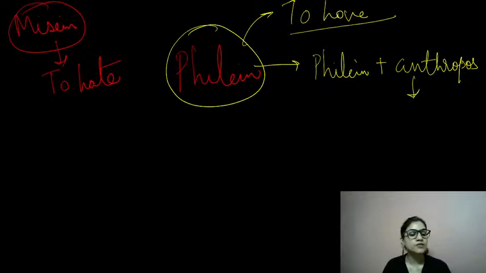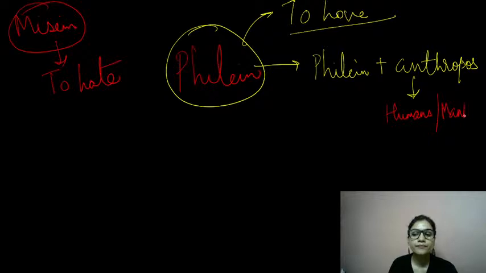What is anthropos, guys? Quickly tell me with these words. Help me out with these words, guys. Philanthropy तो होगा. What is anthropos? Anthropos क्या होगा? Humans or mankind, right? That is what we have as anthropos, humans or mankind.